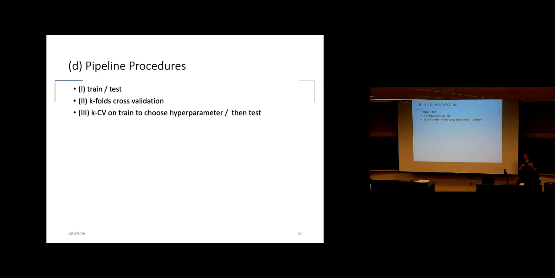But you don't do that on the test, because there are no labels in the test. We are the ones who give you the test performance. So you have the test data, but you don't touch it in the cross-validation.